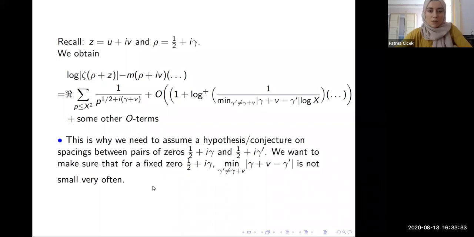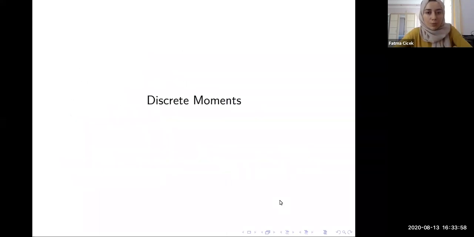And this is the step where we need to assume some hypothesis on the distance between these ordinates, gamma and gamma prime, so that we won't have too many pairs that are close to each other. And this is where Montgomery's pair correlation conjecture will come in related computations. Okay, so this is all I want to say about the polynomial approximation.